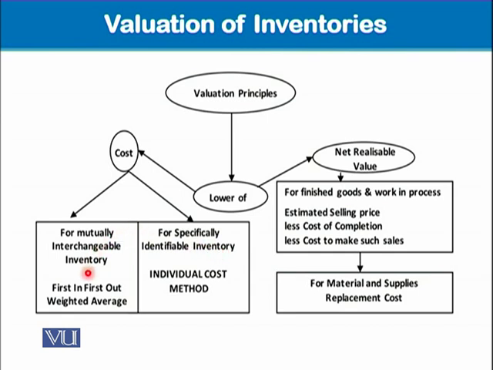Mutually interchangeable inventories are those for which we don't have any specific identification. For example, furniture items. Supposedly, we are a manufacturer of school desks, and each school desk is 100% similar to the other.